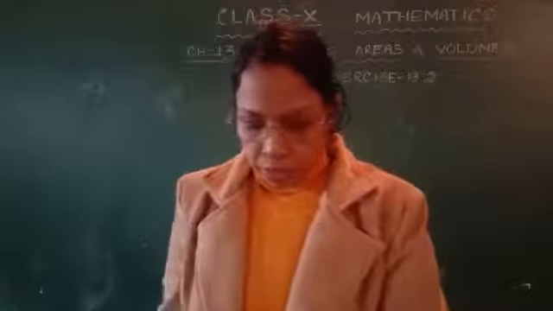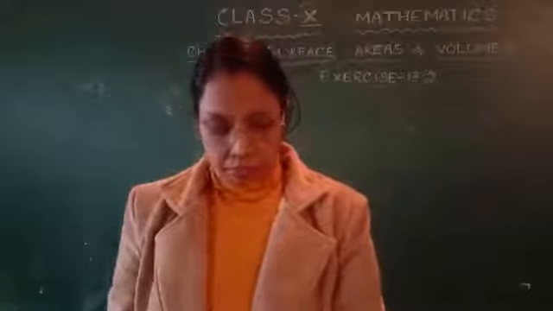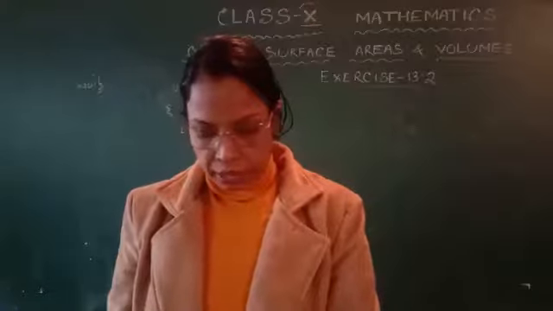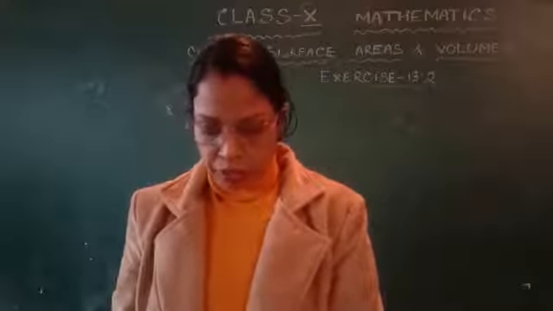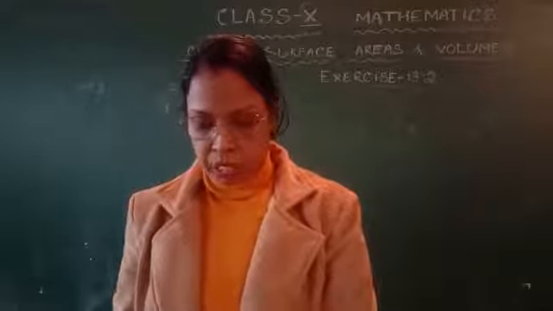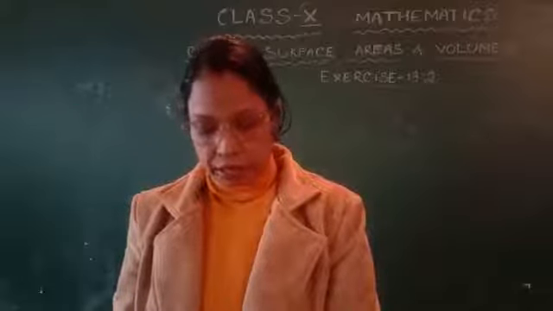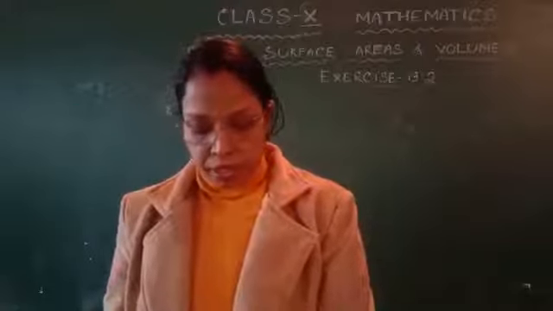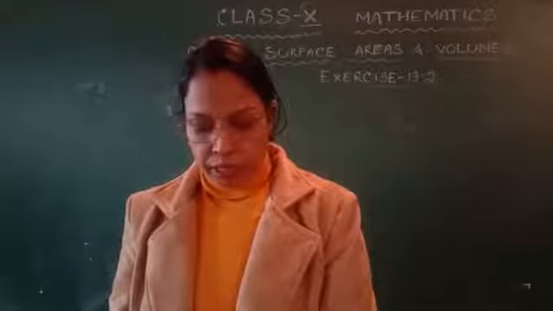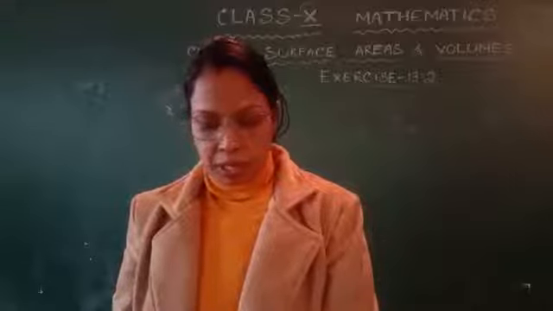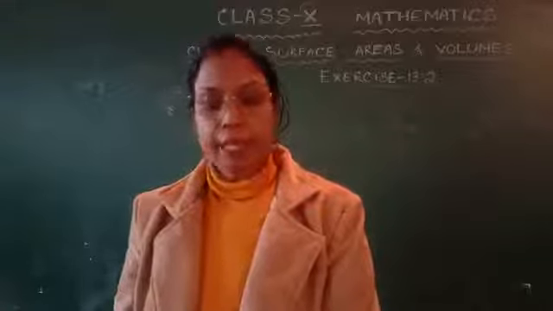A solid iron pole consists of a cylinder of height 220 cm and base diameter 24 cm, which is surmounted by another cylinder of height 60 cm and radius 8 cm. Find the mass of the pole given that 1 cm cube of iron has approximately 8 gram mass.